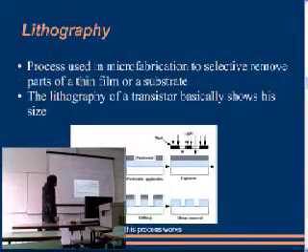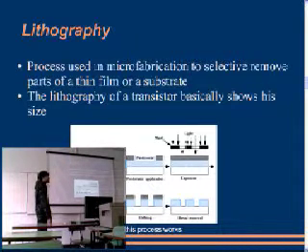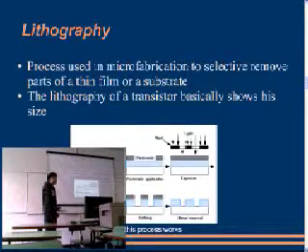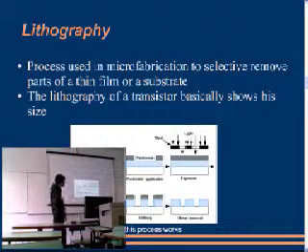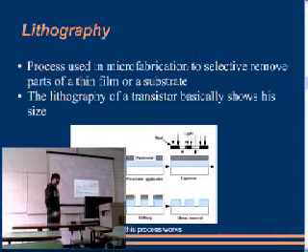So, the lithography process is how the transistors are made. A good example of this is when you make a PCB layout and print it on a toner printer, and then you put it on a copper surface and apply heat, and we transfer the toner, that's a plastic, to this copper surface.